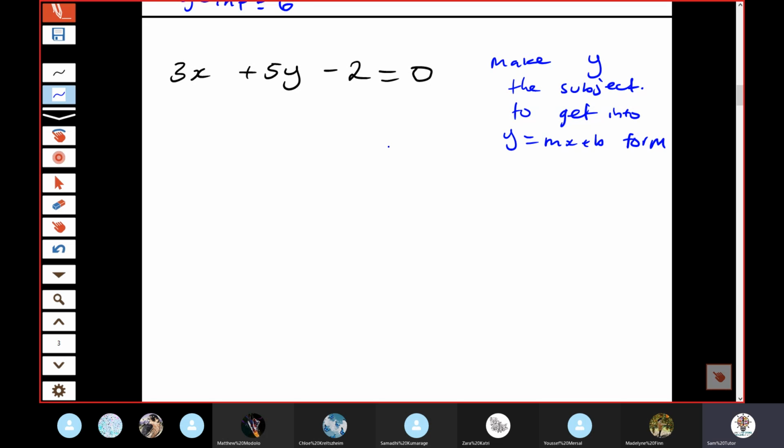What are you going to move to make y on its own? I was thinking of rearranging the whole formula. Yeah, tell me how to rearrange it. I was going to add 2 and minus 3x, and then divide it all by 5.